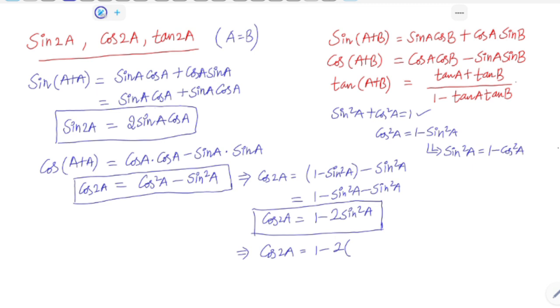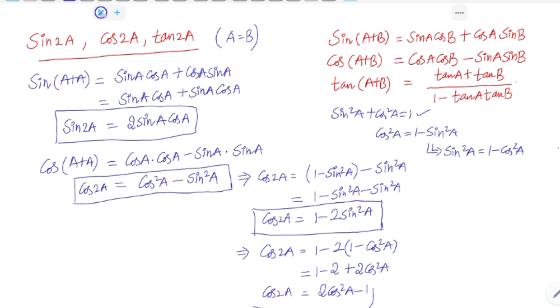Therefore, I can write here 1 minus cos square a. It is equal to 1 minus 2 into 1 is 2, minus into minus plus 2 into cos square a, which is 2 cos square a. And we know that 1 minus 2 is minus 1. Hence, we can write it as 2 cos square a minus 1. This is cos 2a, another formula.